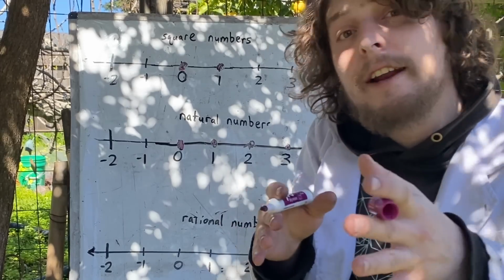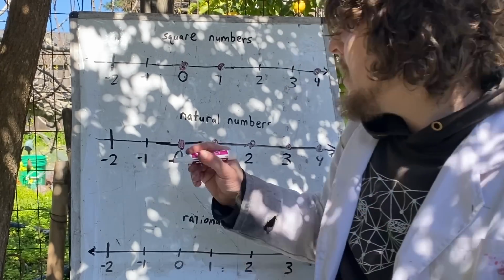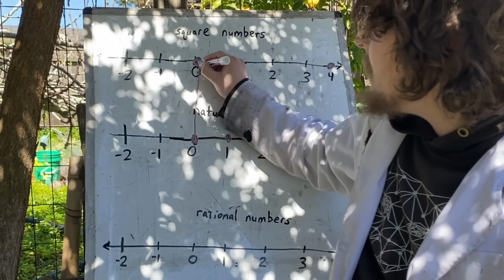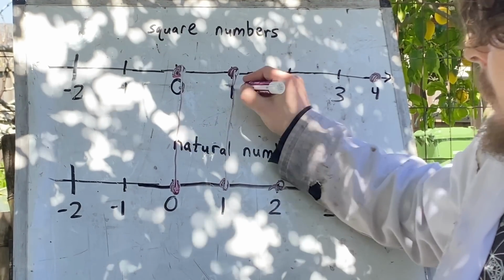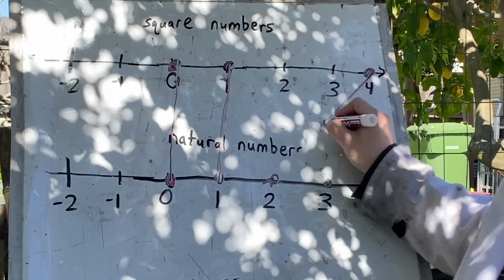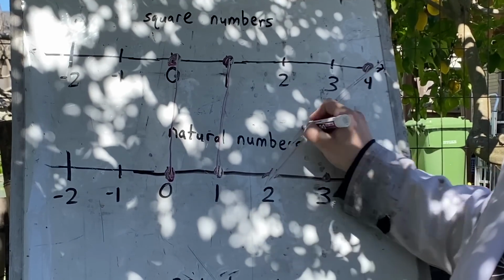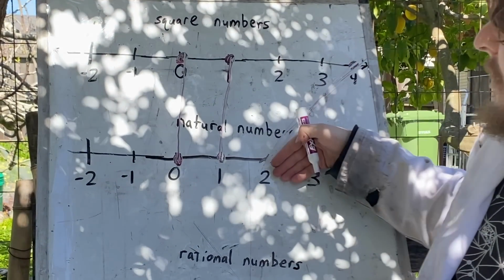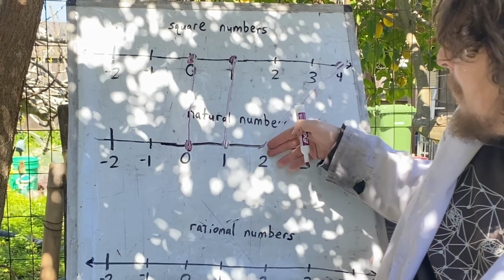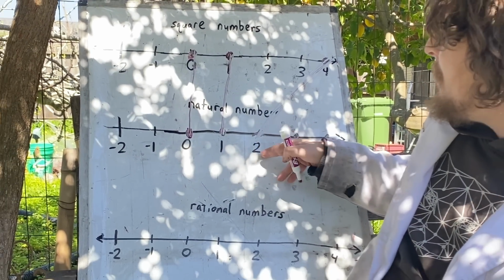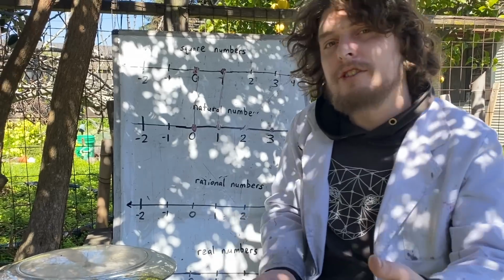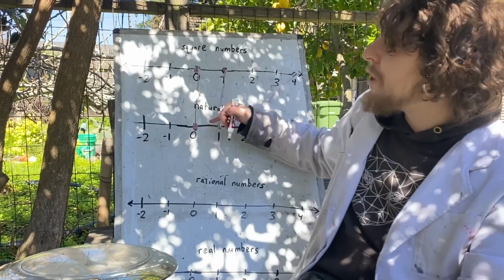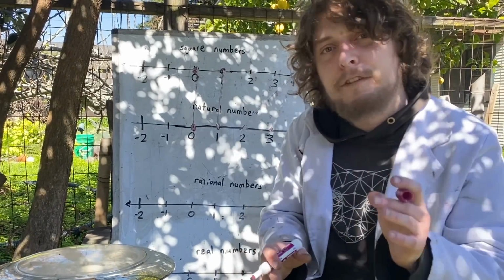We can even line up these two infinities where each natural number has a square and each square number has a principal square root that's a natural number. Any square number we can connect to a single natural number, and any natural number we could connect to that singular square number, which is known as having a bijection between these two infinite sets.